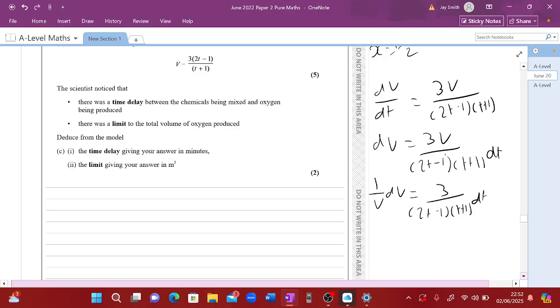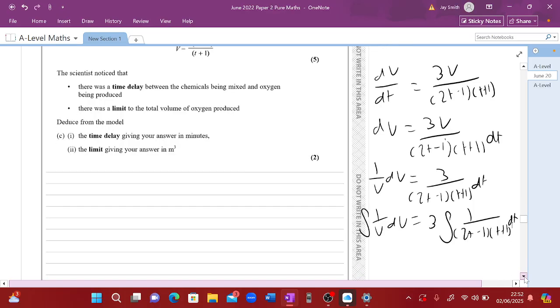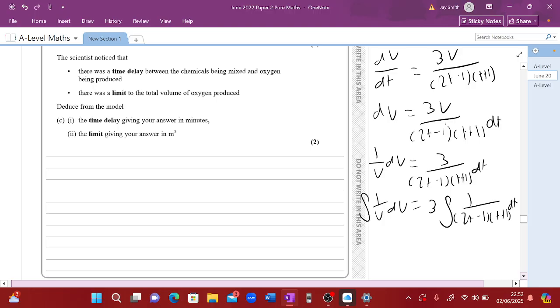And because all the v's are on one side and all the t's on the other, I can then integrate. So the integral of 1 over v dv is 3 lots of the integral of 1 over (2t minus 1)(t plus 1) dt. Then I would reintroduce the partial fractions, because then we get a fraction that looks like a over t plus 1 plus b over 2t minus 1.